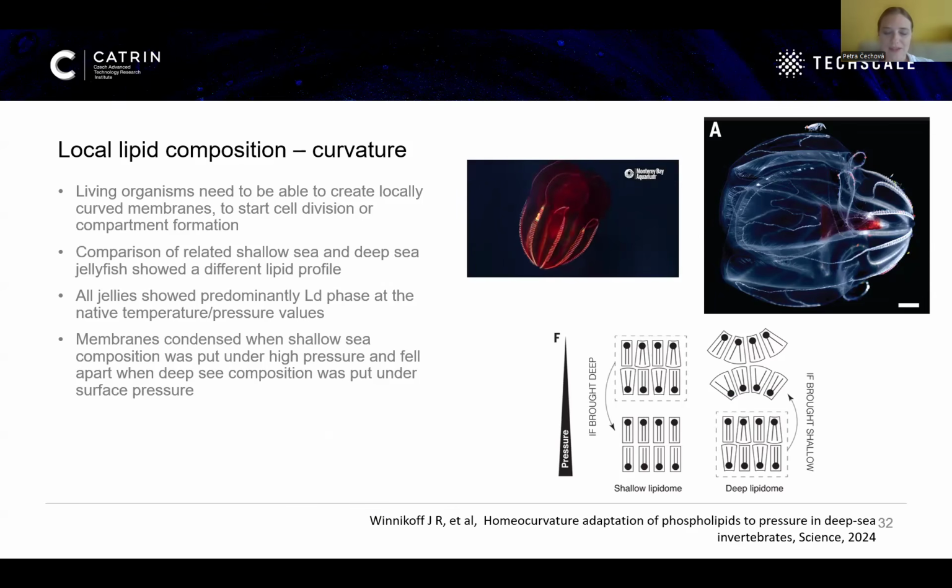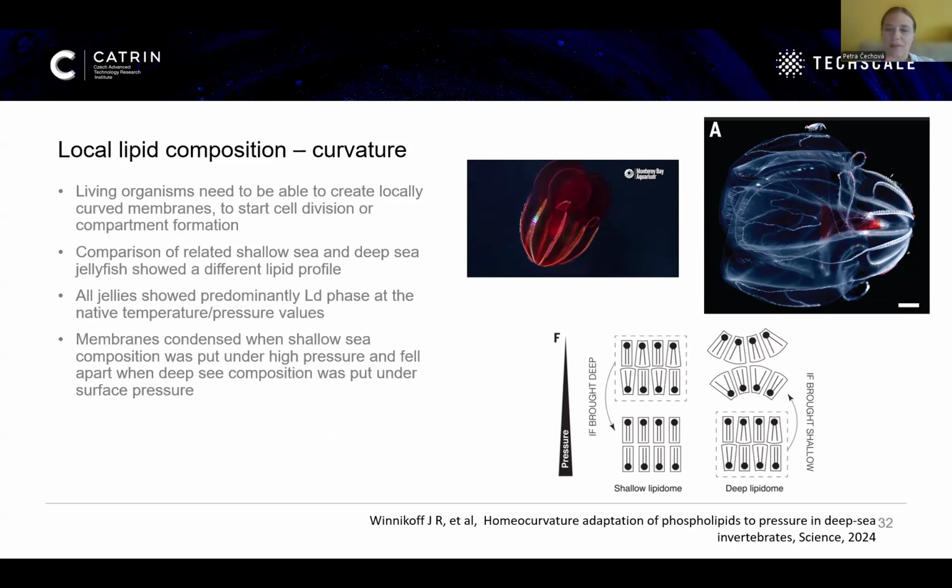Basically, they took I think 6 species of different jellyfish, comb jellies, that live at different depths of the ocean, and they analyzed the composition of their membranes. What they found is that each jellyfish is well adapted to the pressure range they live in, right?